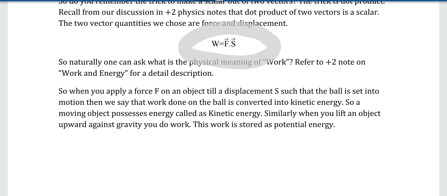We'll discuss the work energy theorem in detail later, but I am trying to give you some intuitive ideas, how we first defined a scalar quantity called work done from vector quantities to make our life simpler, and we saw how work done can give us different terms, and we gave different names to different terms.